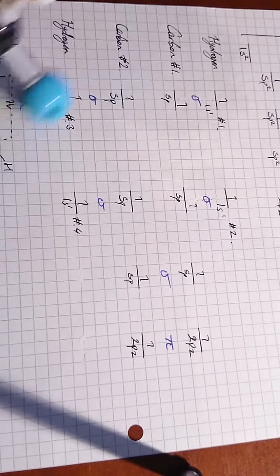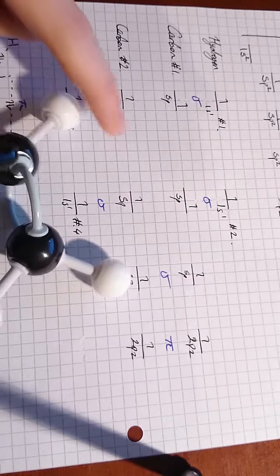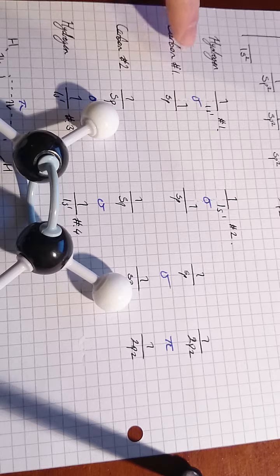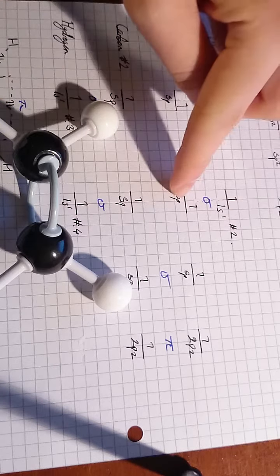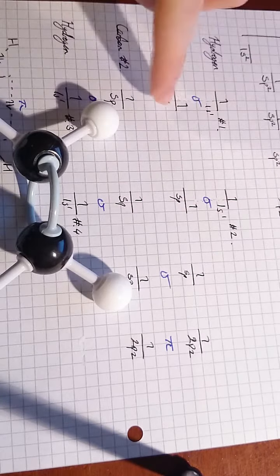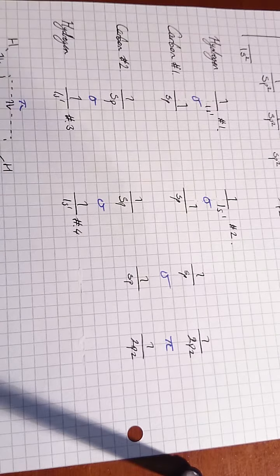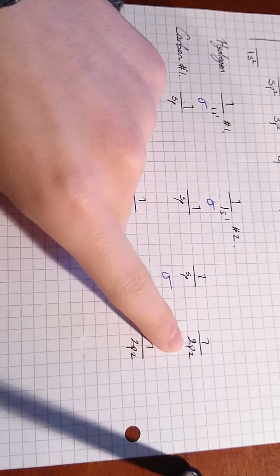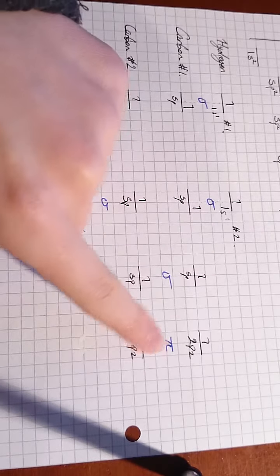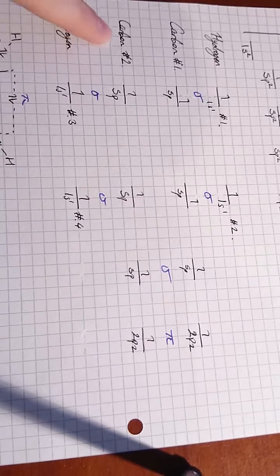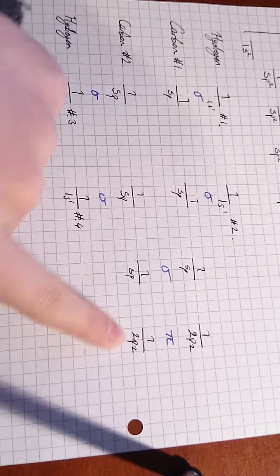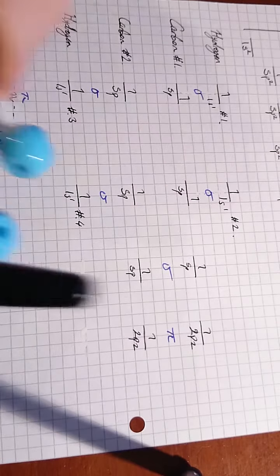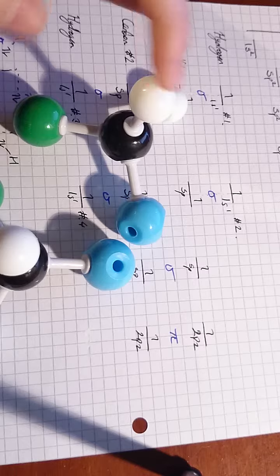You have carbon 1 and carbon 2. So we have 3 sp2 hybrid orbitals on the carbon, and then we also have the unhybridized 2pz orbital, and that is pi bonded to the other carbon, and so this here forms the pi bond, that is the 2 blue ones coming together.